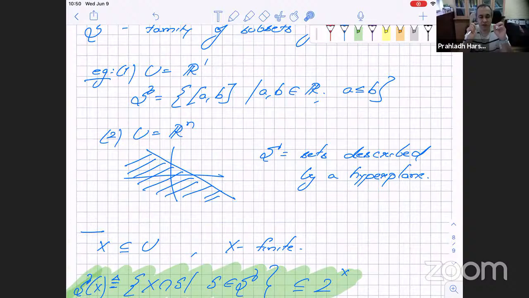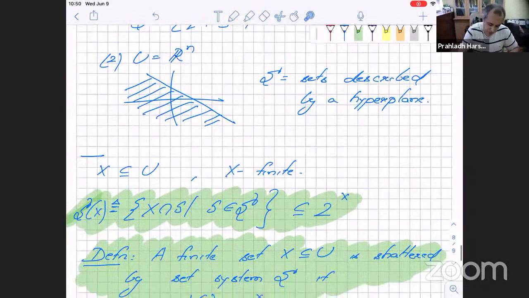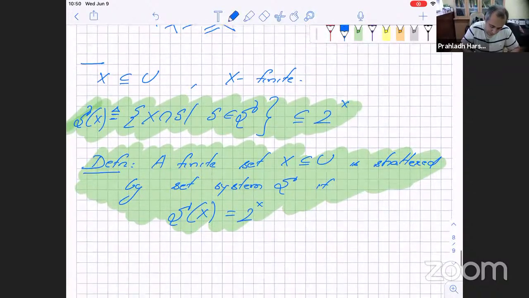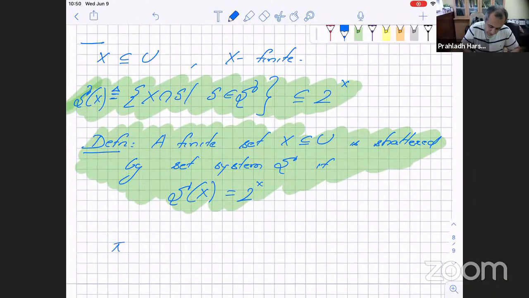And why is that? This follows from Radon's theorem. This is going to lead me to the next definition. Pi of m of a set system, let's call it pi s of m, is the max over all x subsets of u with size of x equal to m, of the number of sets that x is broken into.